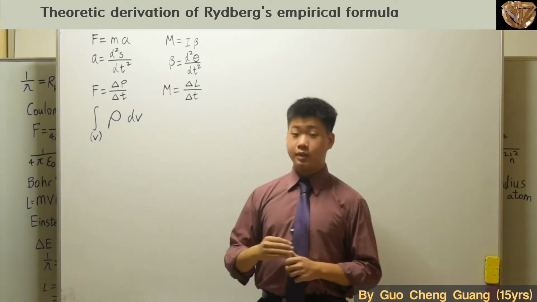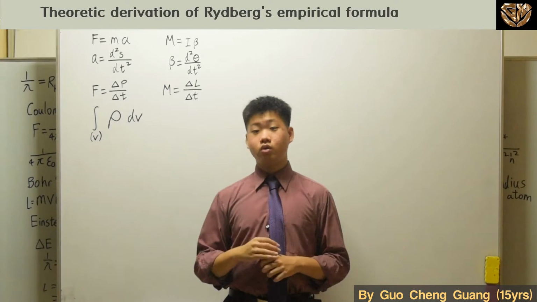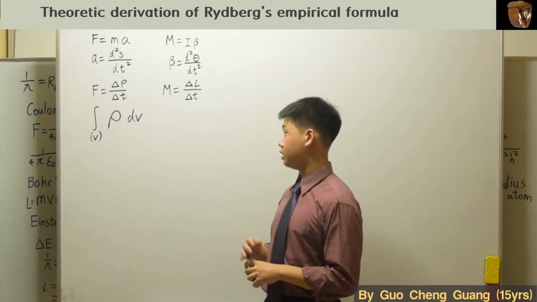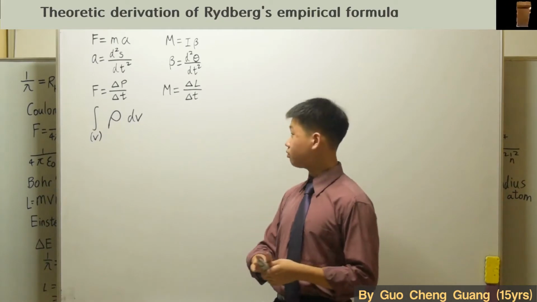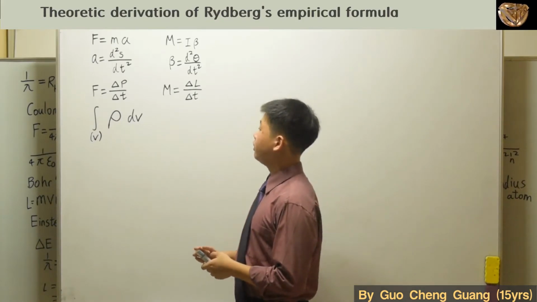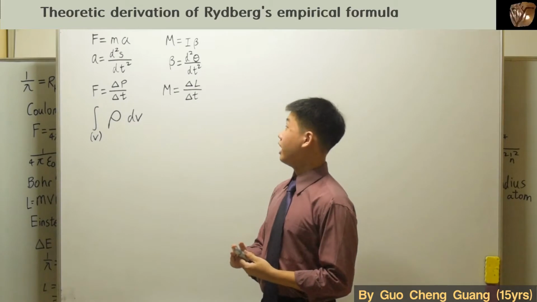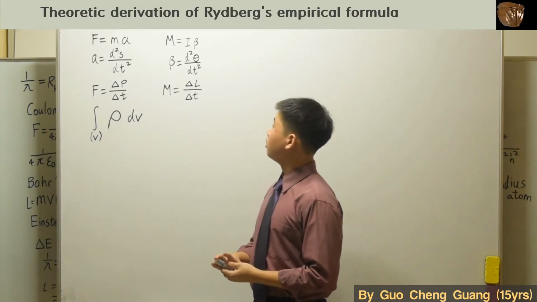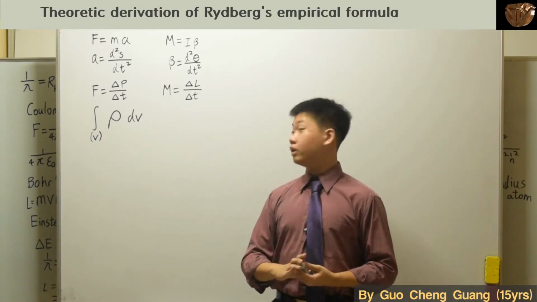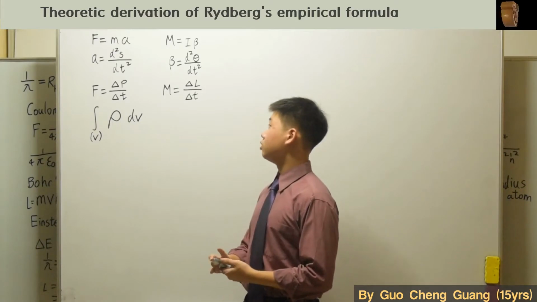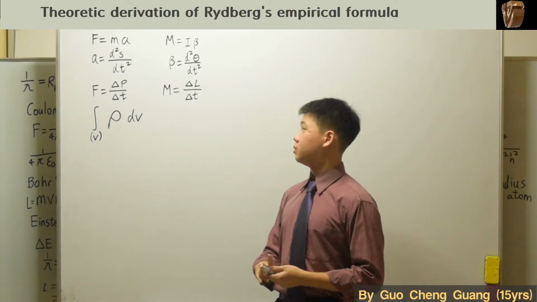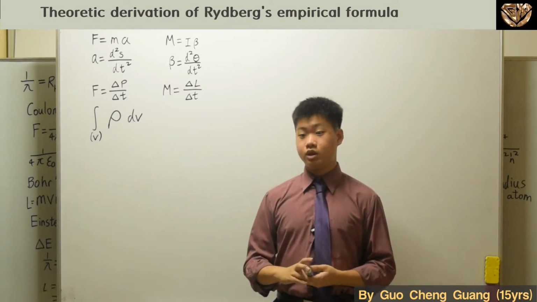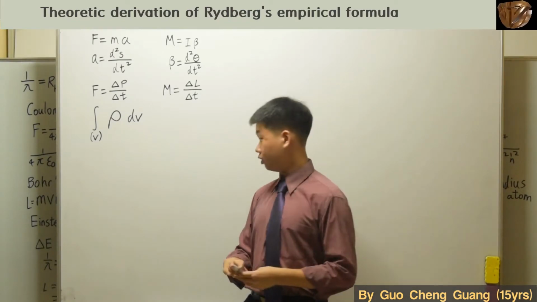So what is so special about rho? Rho here is your density. But density of what? Let's say you want to find the F, or you want to find M. If you want to find the M, rho will just be your mass density, which is your mass divided by volume.